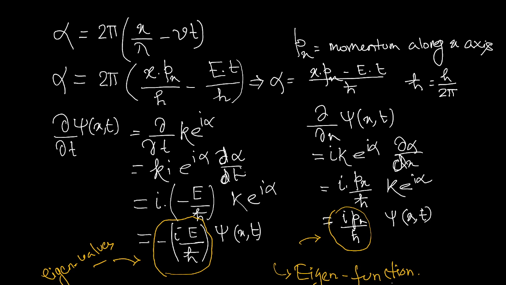Therefore, if we write it like this, we get i E by h cut psi x comma t.